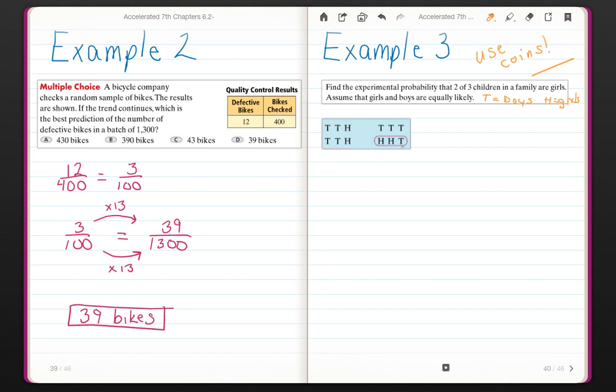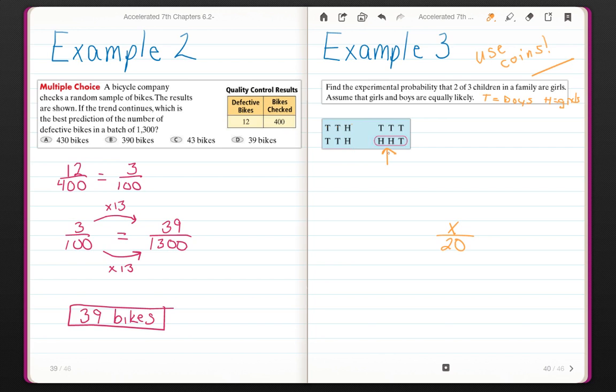Okay? If you continue to do that 20 times, if you look in the example of the book, you're going to have 20 flips. Record each one. When you are finished, out of those 20, how many were heads, heads, tails?